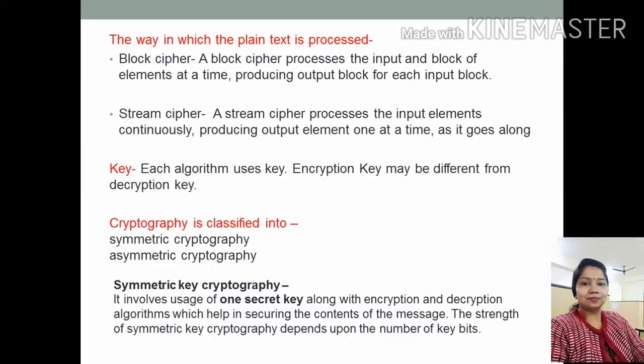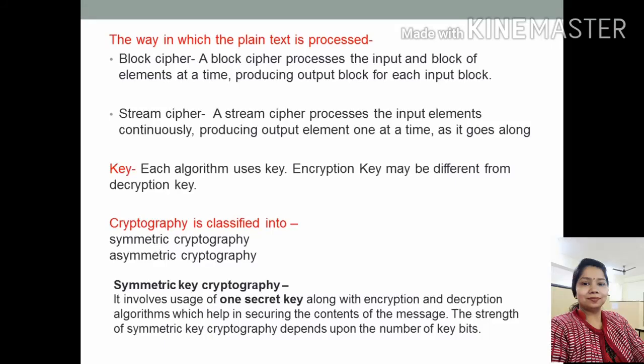Then we come to the most important part of the encryption, that is the key. Each algorithm uses a key. What is a key? A key can be a number, a key can be anything which can be used in an algorithm as an input to encrypt. And this key is not disclosed to anybody.